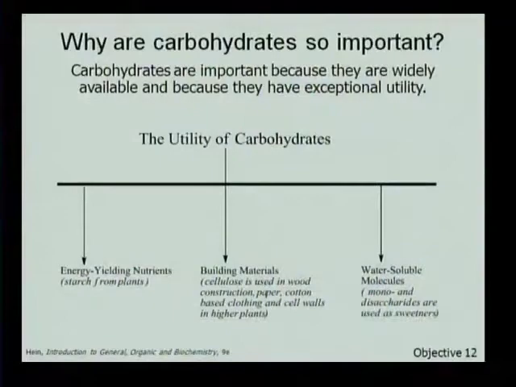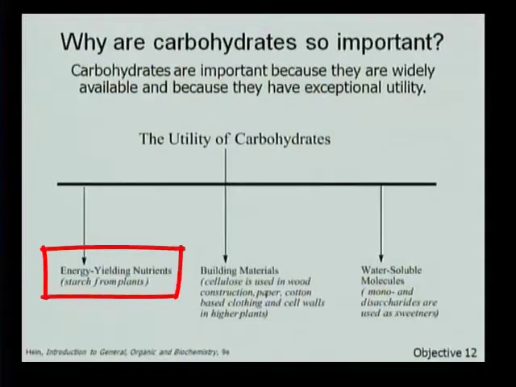So just to sum up what we know already about carbohydrates, what we've learned throughout life, and also what we've added onto that knowledge in this section of the course, carbohydrates are important for a lot of different processes. We've talked about some of those here. Why are carbohydrates so important? Well, they give us energy-yielding nutrients, for example, starch from plants.